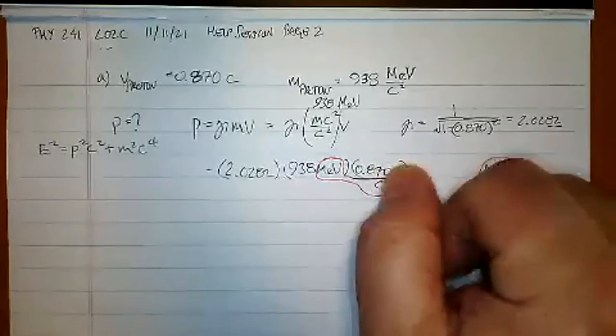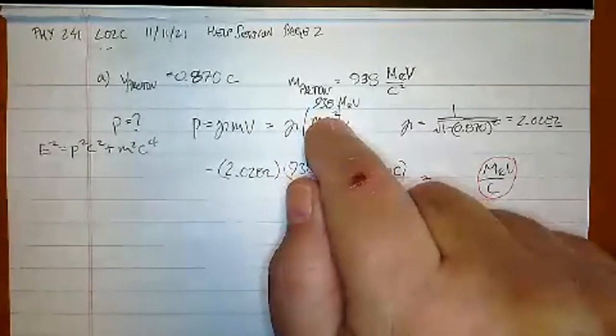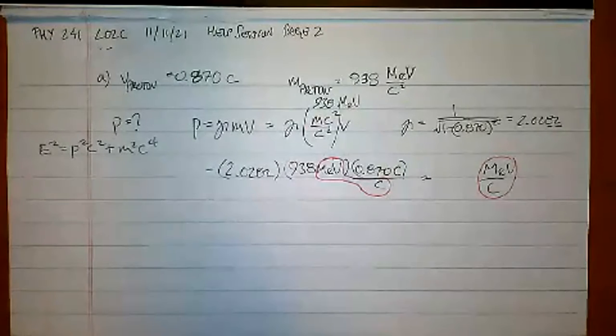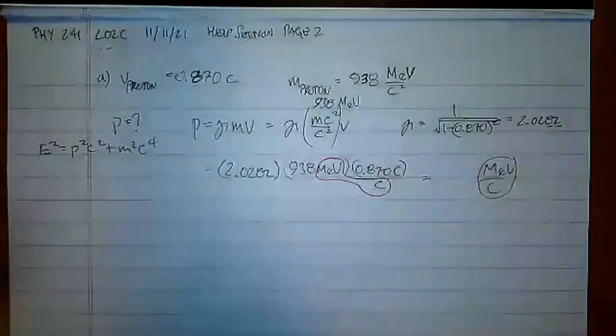Yeah, you're right about them canceling out. I forgot I'd already taken care of the C squared over here by using that. So yeah, that was my boo-boo. So you should get about 1.655 times 10 to the third MeV, which is really GeV. Yes, that's correct. Okay.